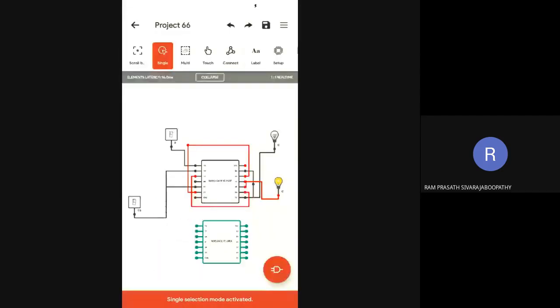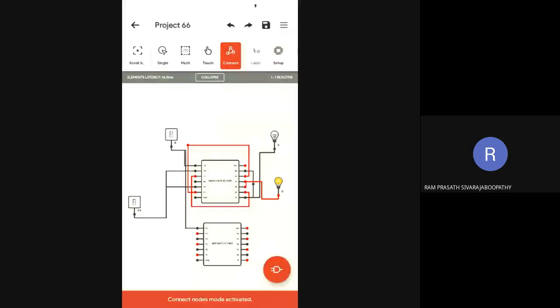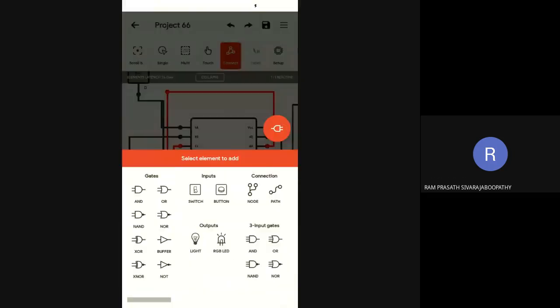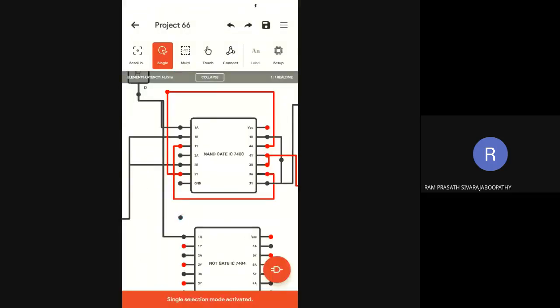So the D input, I give to 1A. 1Y, where should I give it? I give it at the place where R was given. Wait a minute, if we put a node it will be clearer. So 1Y is connected to 2A, where I had given the R input. So now this is a D flip flop.